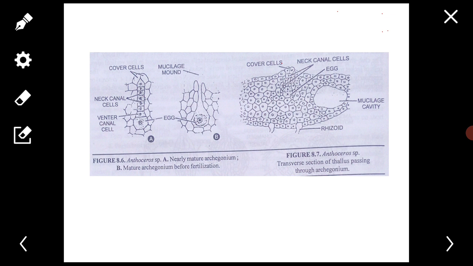Today we will study about the archegonia and sporophyte.